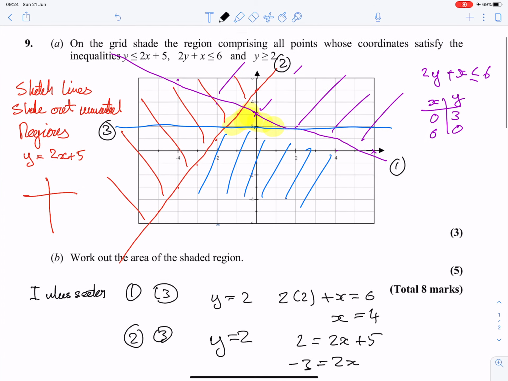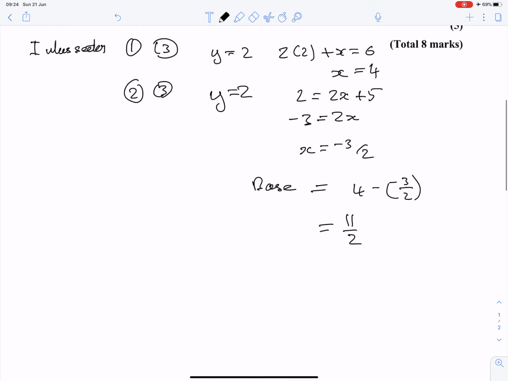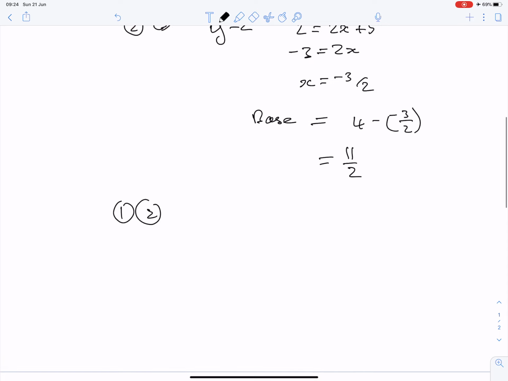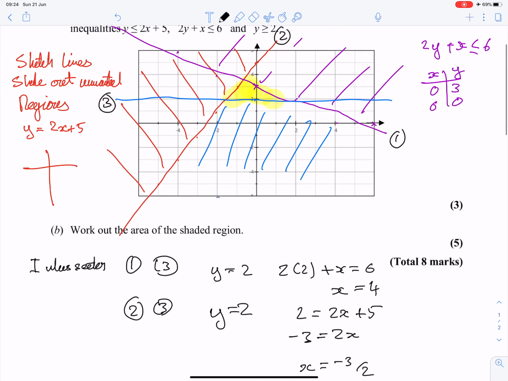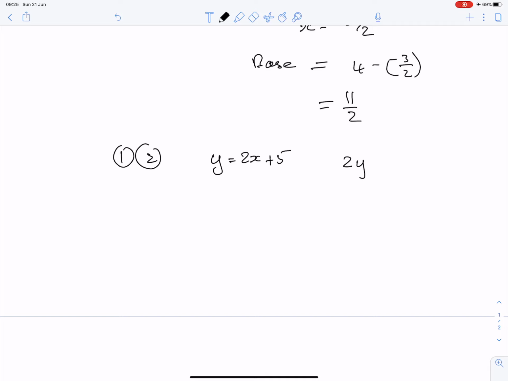Now for the height, we want the intersection between 1 and 2, which is the lines y equals 2x plus 5 and 2y plus x equals 6. Well, I would tend to do this by substitution because we've got this y equals here, so we can just substitute it into there.